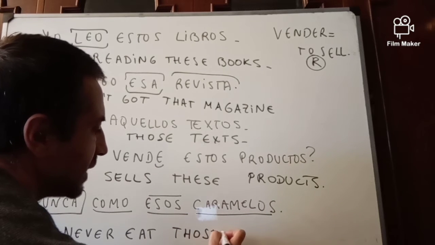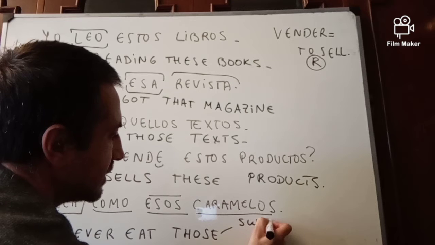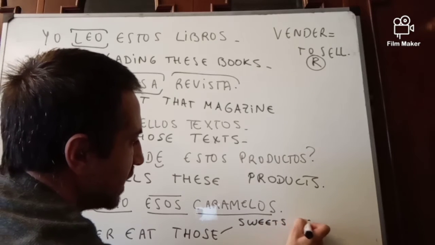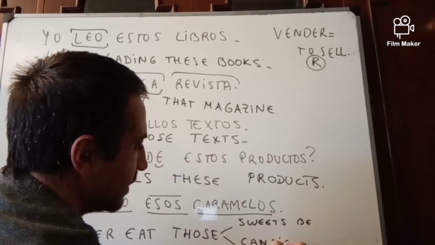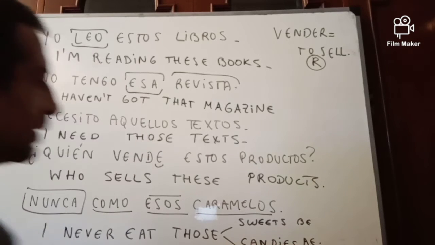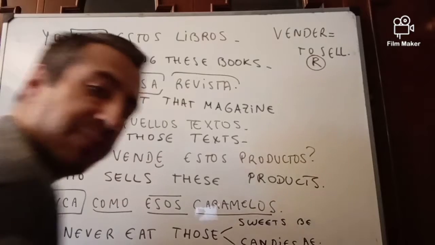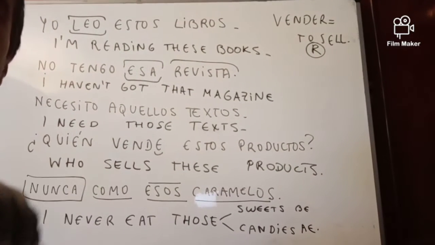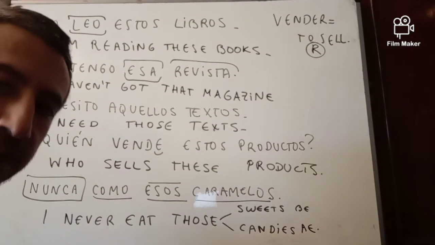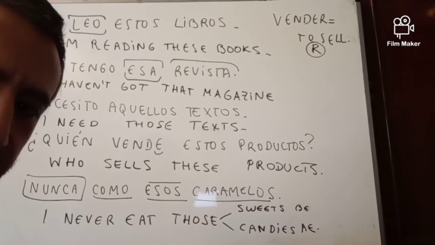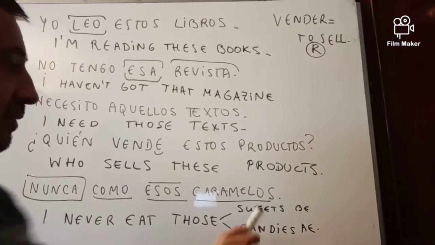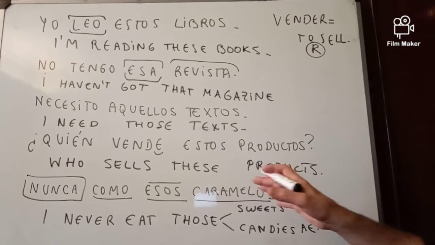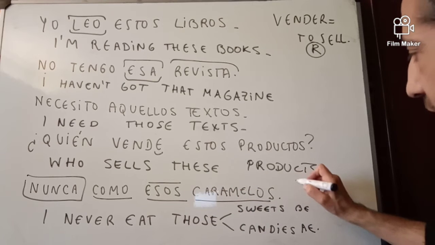And caramelos is sweets in British English, or candies in American English. Well, the same happens in Spanish. In Argentina we say caramelo, but in most countries they say dulce, like the translation of sweet. So in Spain, for example, or in Mexico, nunca como esos dulces.